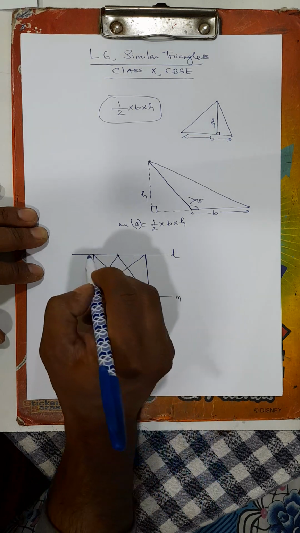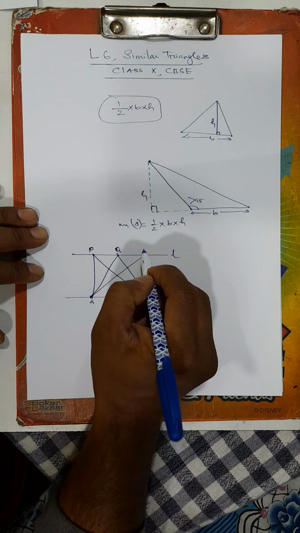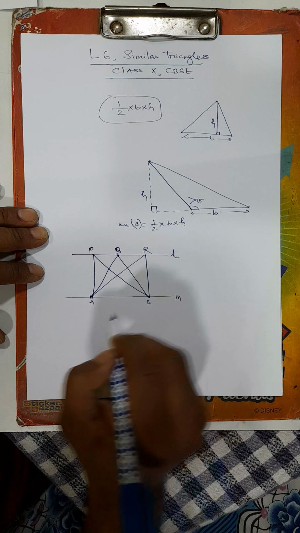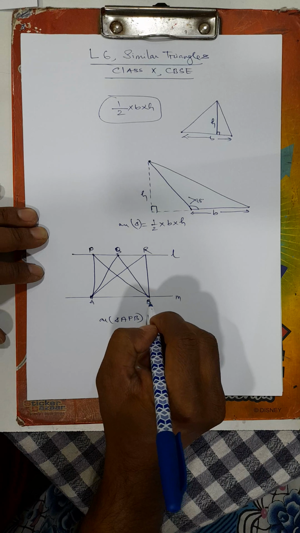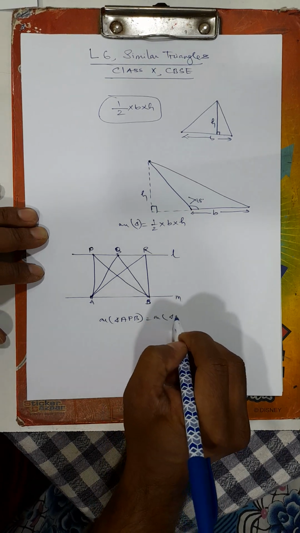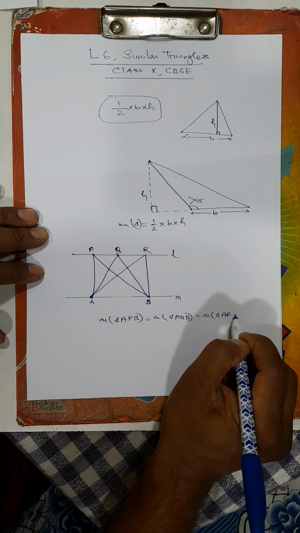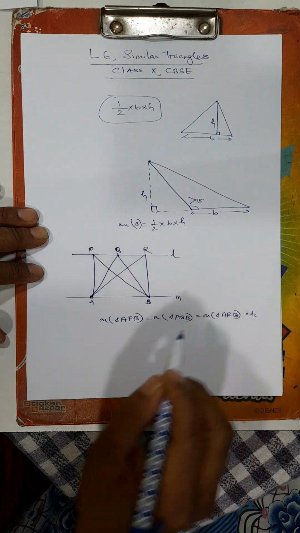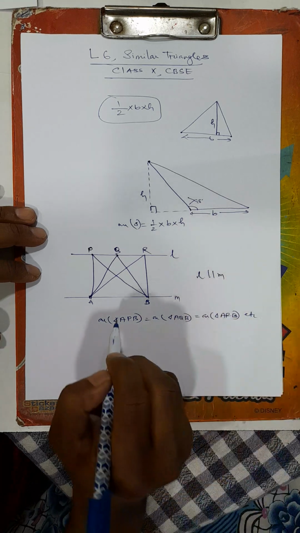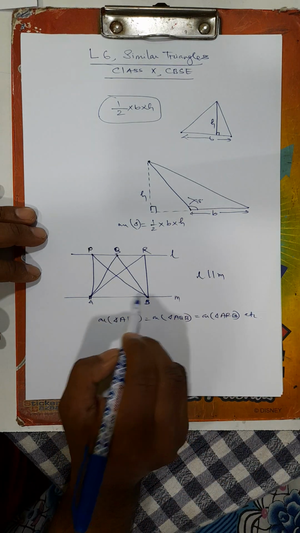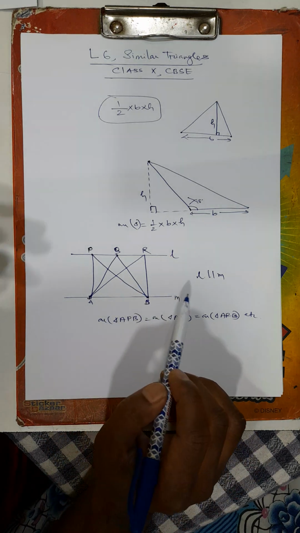Now these triangles APQ, APB, AQB, ARB, etc. Area of triangle APB equal to area of triangle AQB equal to area of triangle ARB, etc. That means triangles in between two parallel lines, L parallel to M, and on the same base, AB, base is common here, they have equal areas, right?